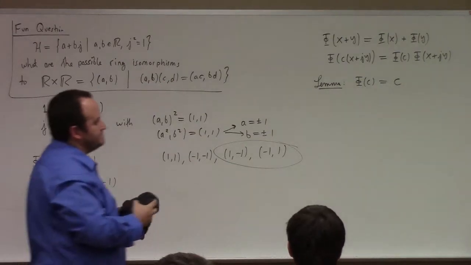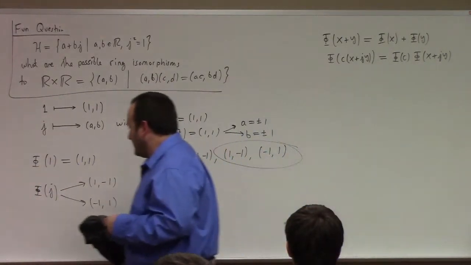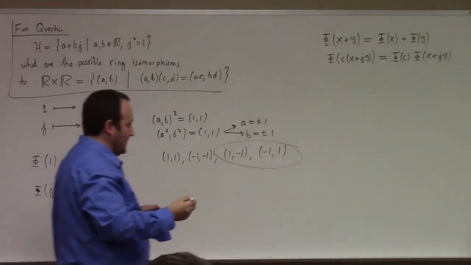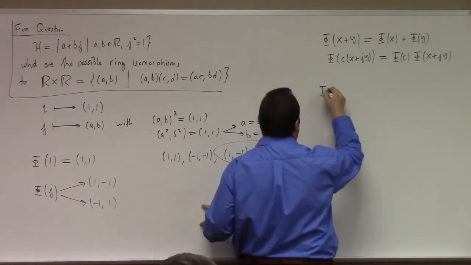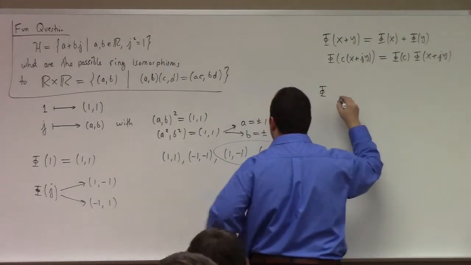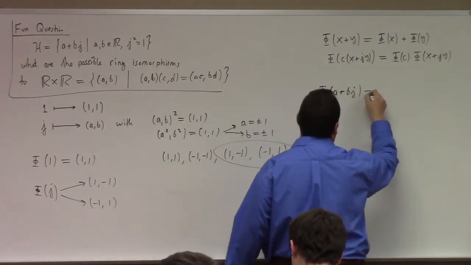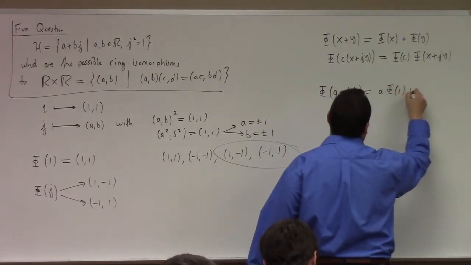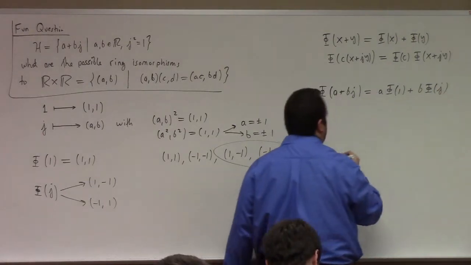Well, I'm going to leave a little mystery right here. But certainly, this much I can say. If you use these as the building blocks, you can take phi of a plus bj and map it to a times phi of 1 plus b times phi of j. I'm missing some small argument that I just can't see at the moment.